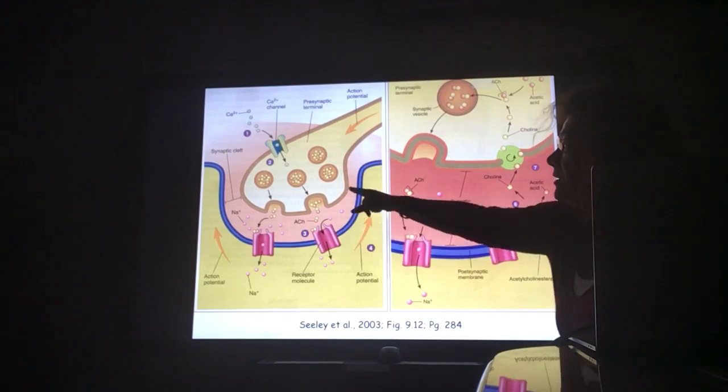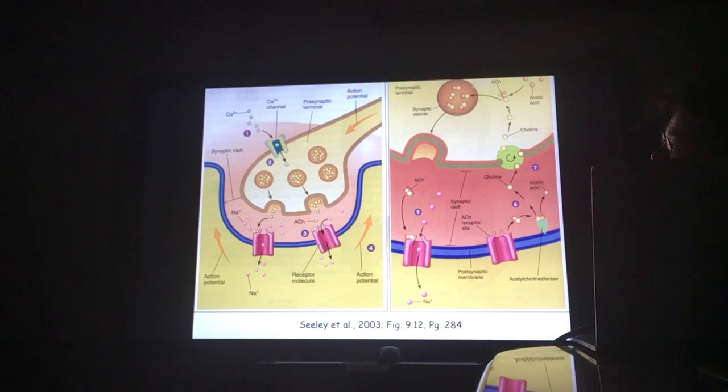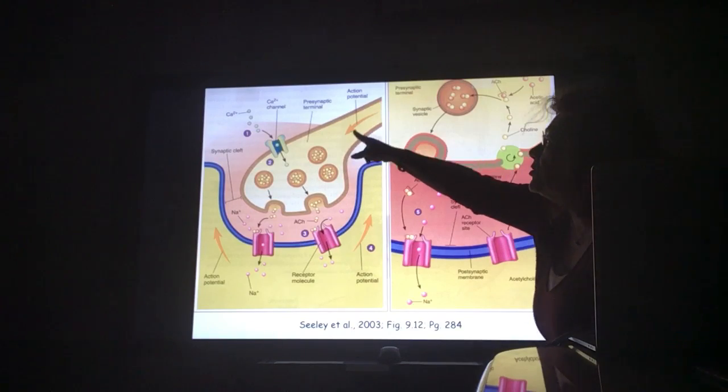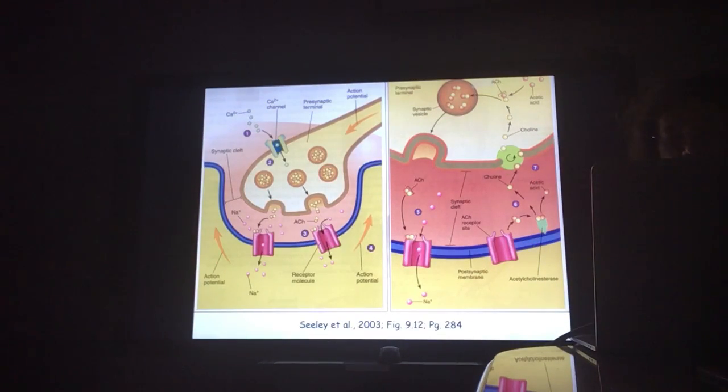Let's first look at this slide, and you can see an action potential coming down. Of course, this is my favorite slides, the Seeley slides, right? And as the action potential comes down, and this is not in your textbook, so you need to make sure that you make note of this.